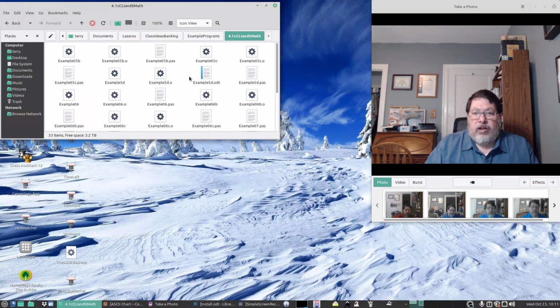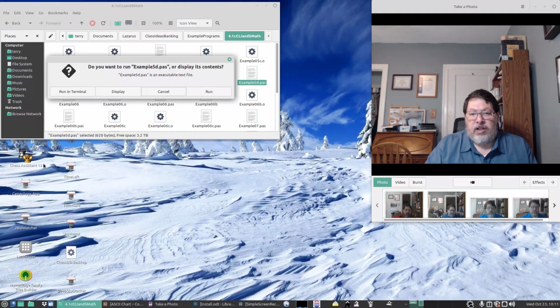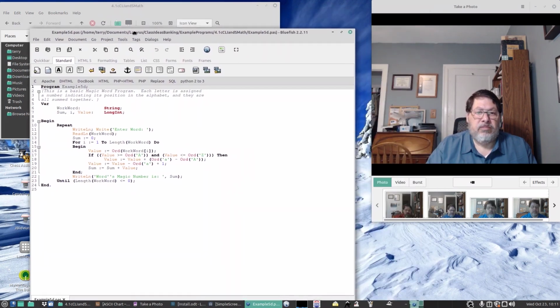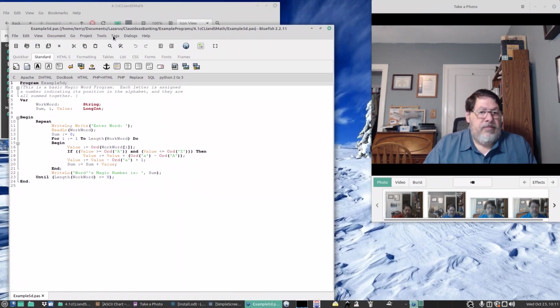First of all, I would like to start with a relatively simple program, but there's some concepts here that we need to discuss. It has an ORD function in it.